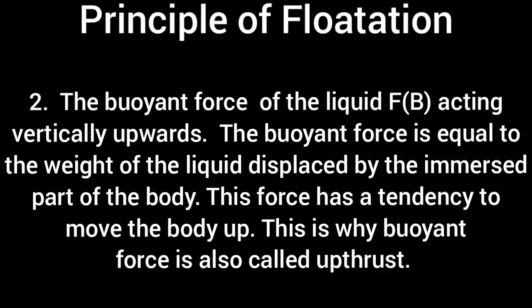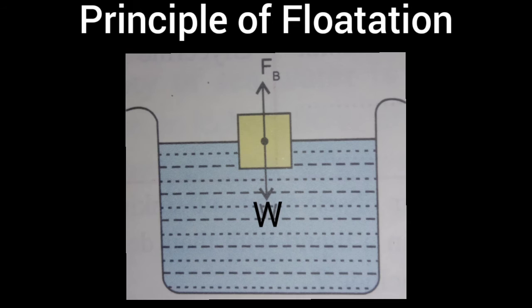And number two, the buoyant force of the liquid, FB, acting vertically upward. It means the buoyant force is the force exerted by a liquid upward. This force is called buoyant force. You can see here, FB, vertically upward.